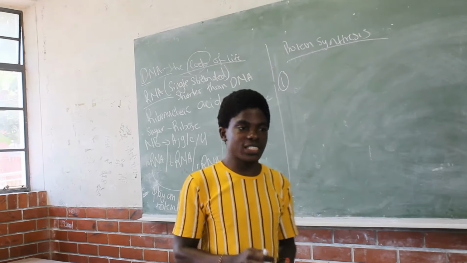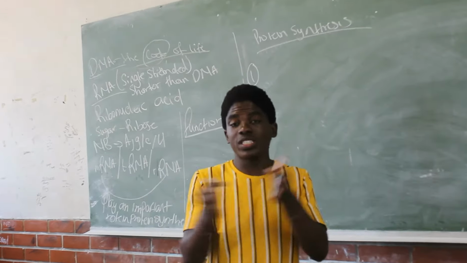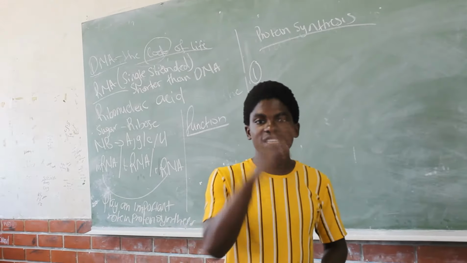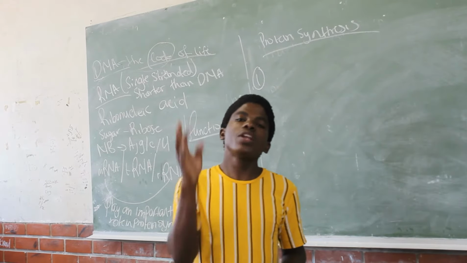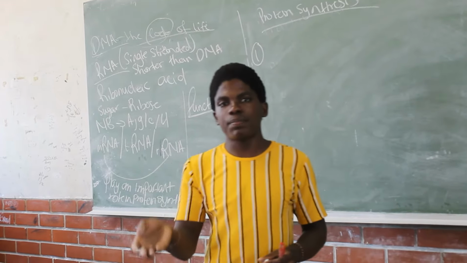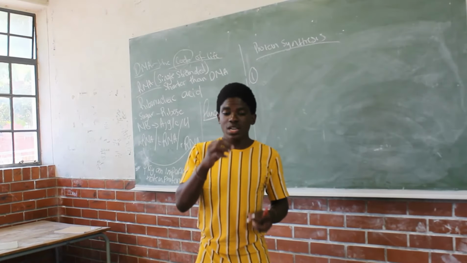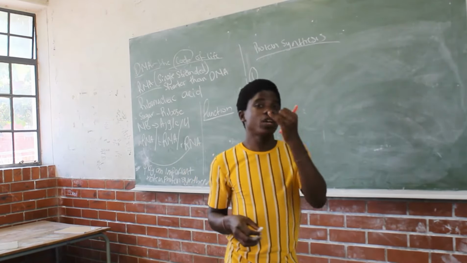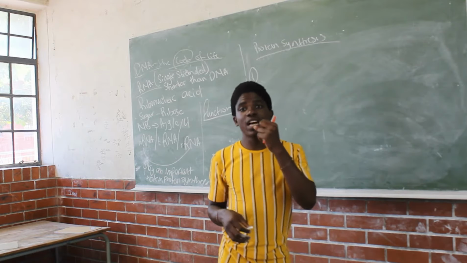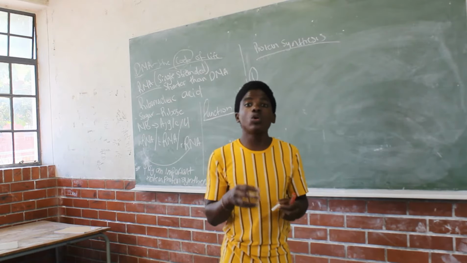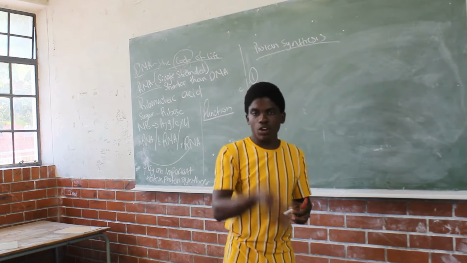The first part is that DNA, as you know, is a double helix. So what it does, it unwinds. When it has unwound, it will also do the breaking of bonds.